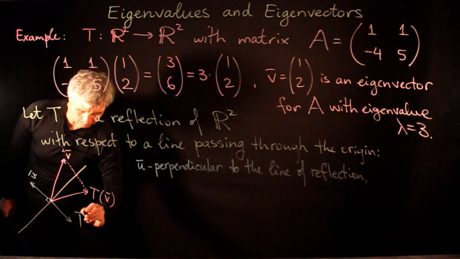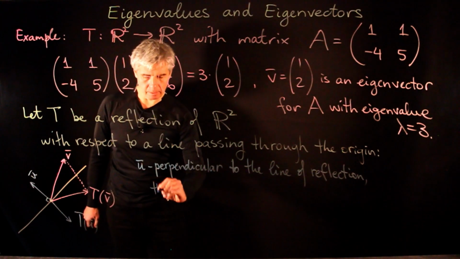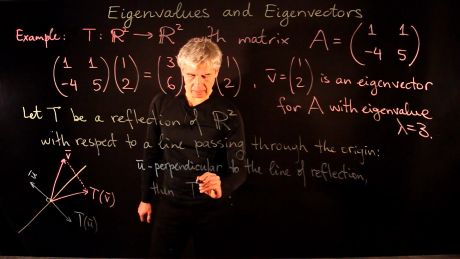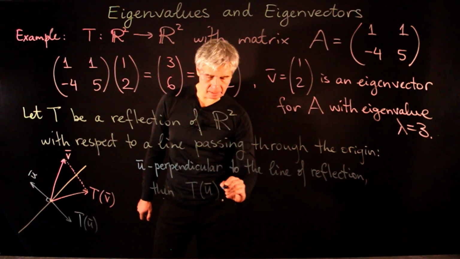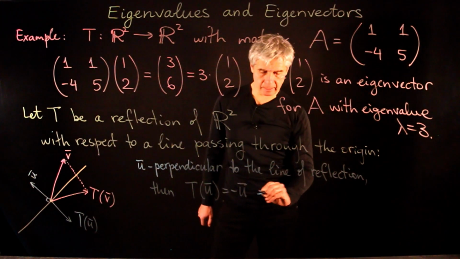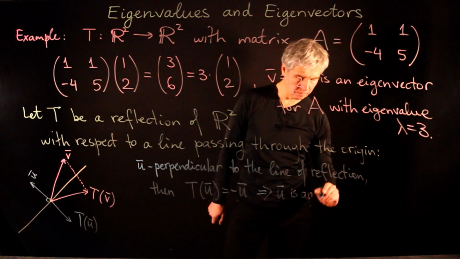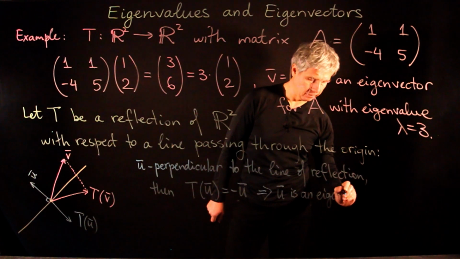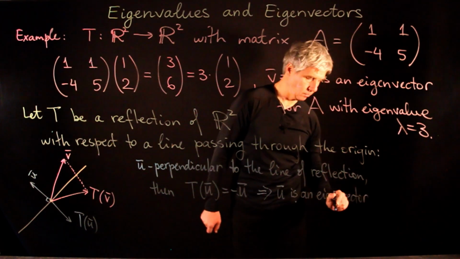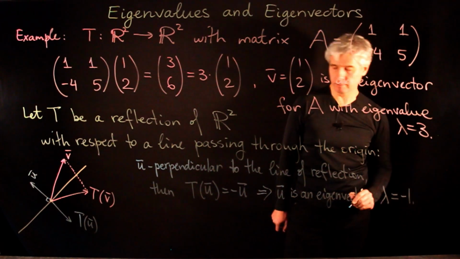So this will be T of u. And so what we see is that T of u in this case is minus u. So this tells us that u is an eigenvector with eigenvalue equal to -1.